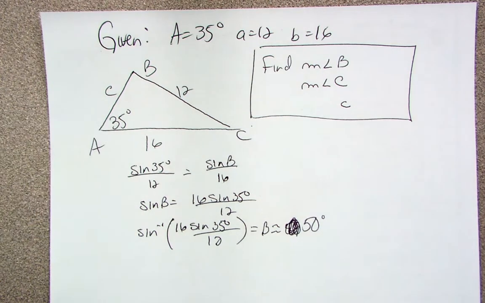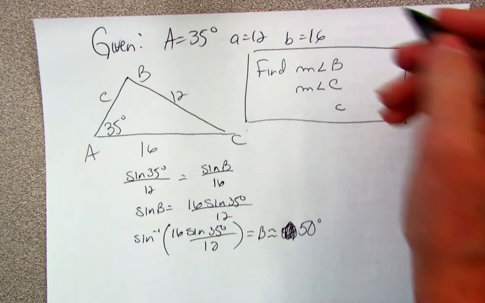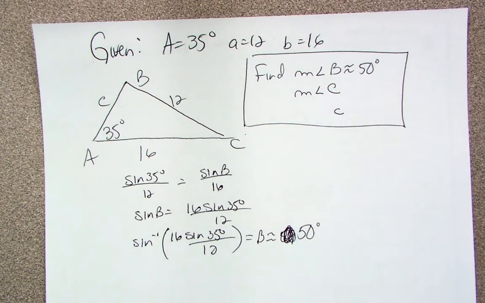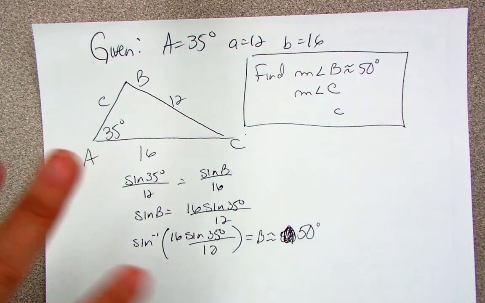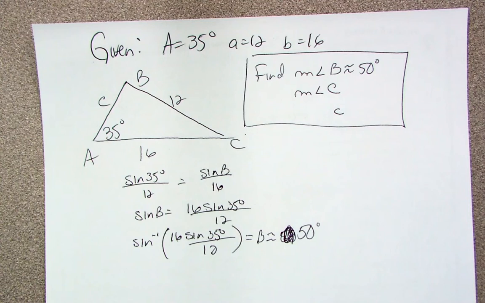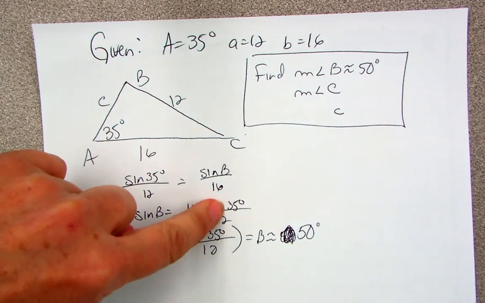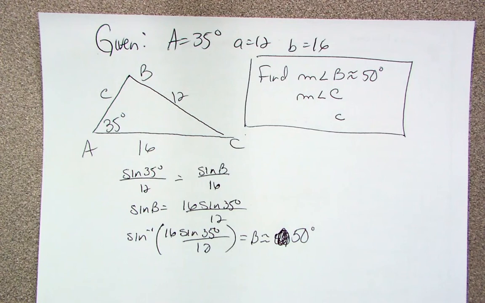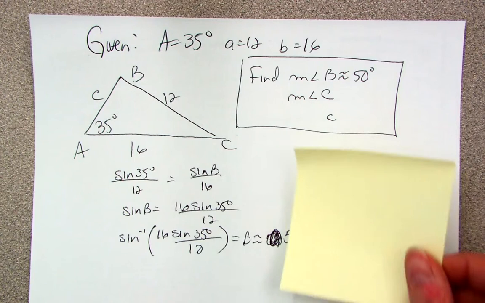Do you get approximately 50 degrees? Yes. Fabulous. I'm sorry, I'm doing inverse trig. Sine, I did the right one, but sine is actually positive in quadrant 1 and quadrant 2. So for that ratio, it could be 50 degrees, or what else could it be? 130, right? It could be 130.